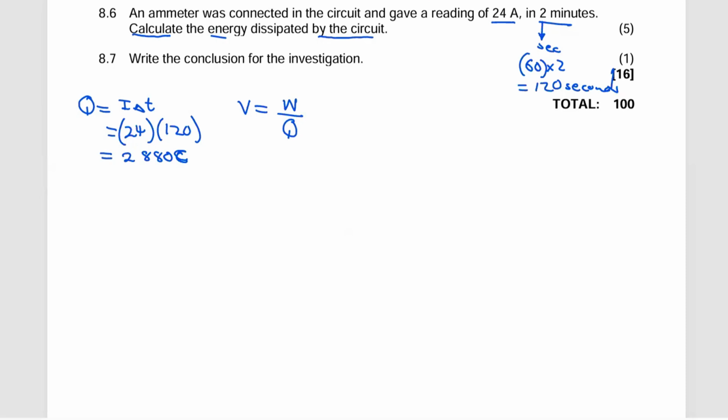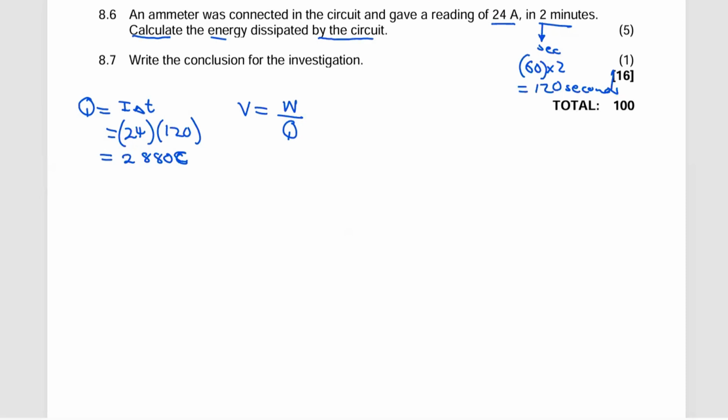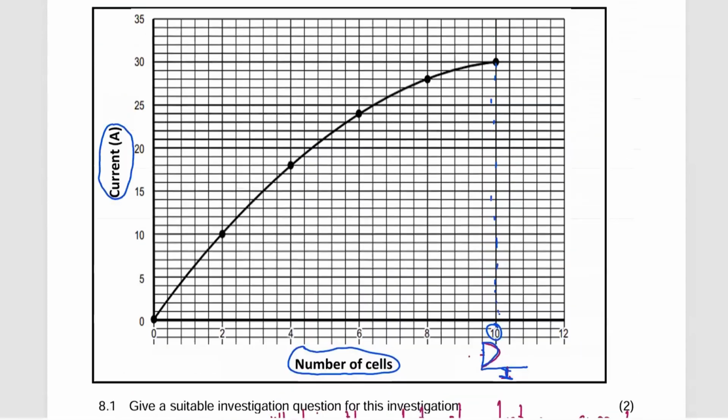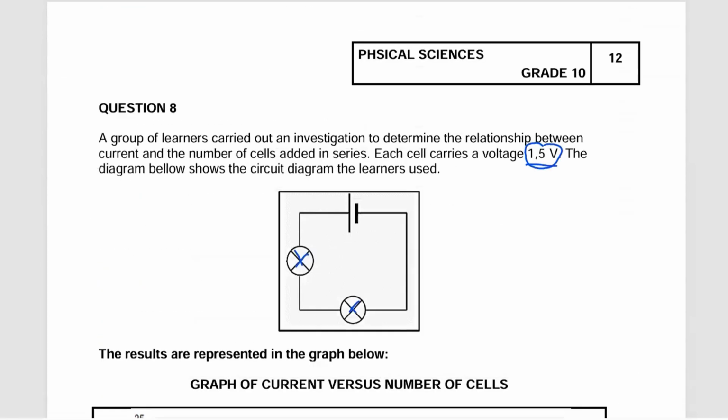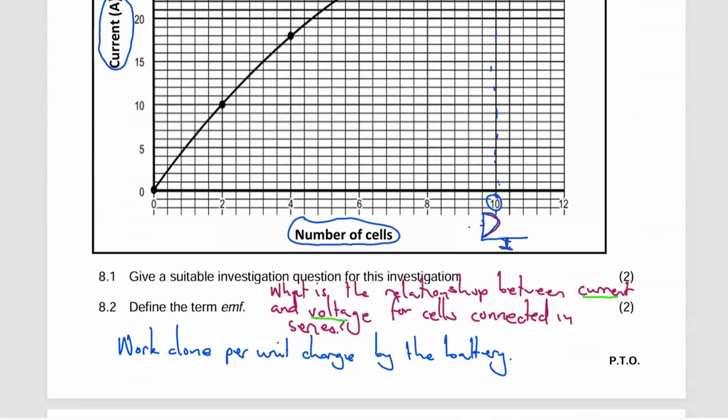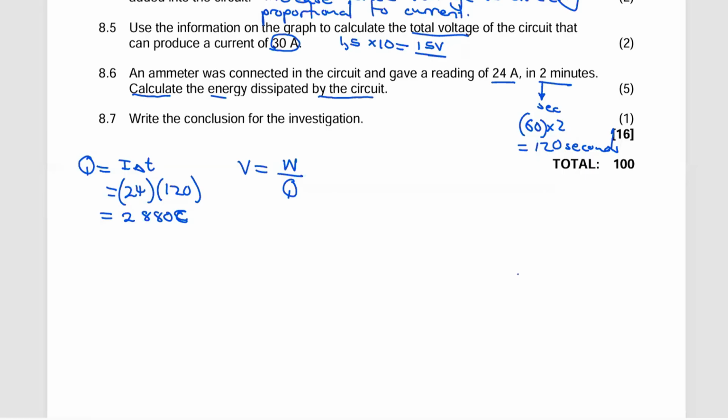Then you're going to take your W and make it the subject of the formula. So W is equivalent to 2880 multiplied by the voltage, 9. If you multiply, you are supposed to get a value of 25 920.